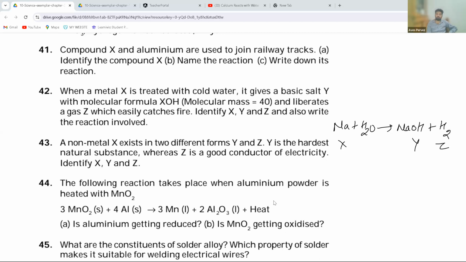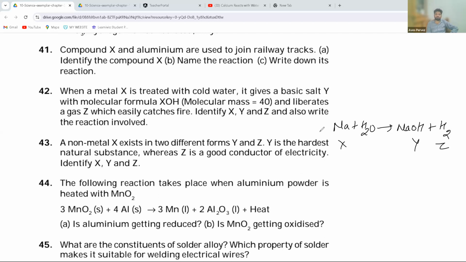Done? Done, everyone? 2Na plus 2H2O gives 2NaOH. Yes, we can balance it.